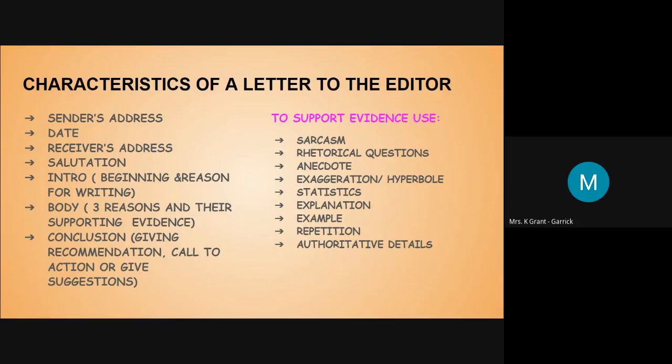Then you have your introduction, which you begin with a beginning and reason for writing.